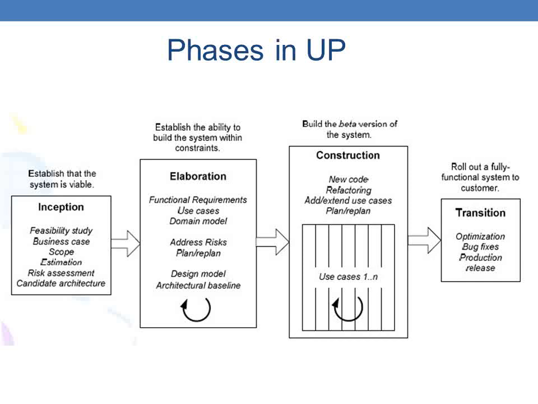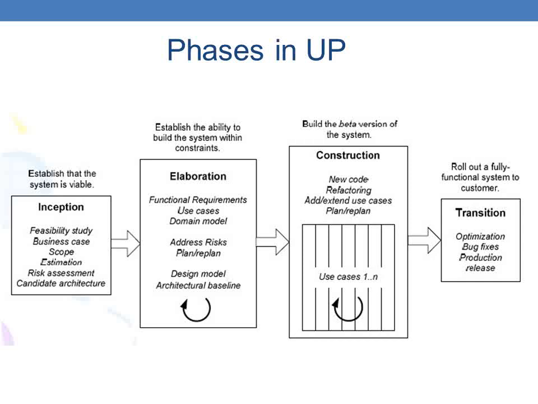So we define some constraints, and within those constraints we have to execute the particular system. So the elaboration model needs functional requirements, use cases, domain model, address risk, plan and replan, design model, architecture based.